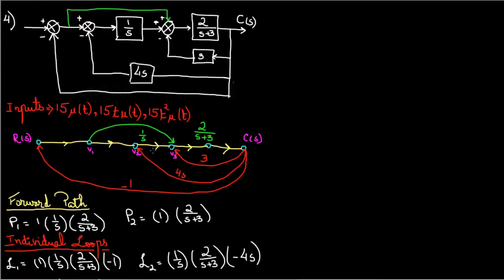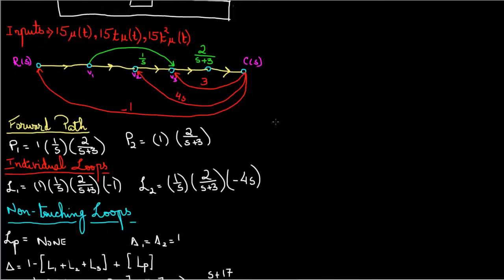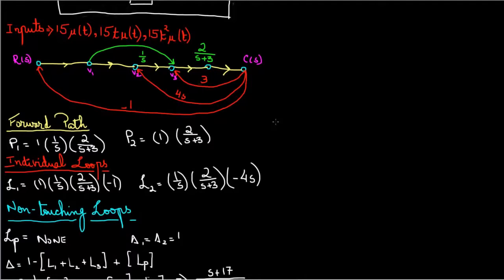Now let's label our individual loops. For our individual loops, you're gonna have 2 loops, and I'll explain to you why. For the first loop, you're gonna have this big one.